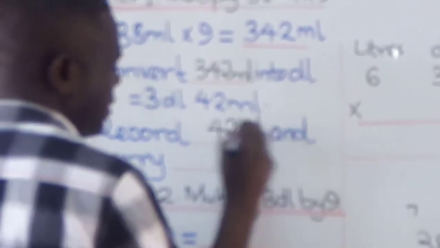And so what are we recording? We are recording 42 milliliters, because it's on the milliliters side. So we're recording here 42 milliliters.